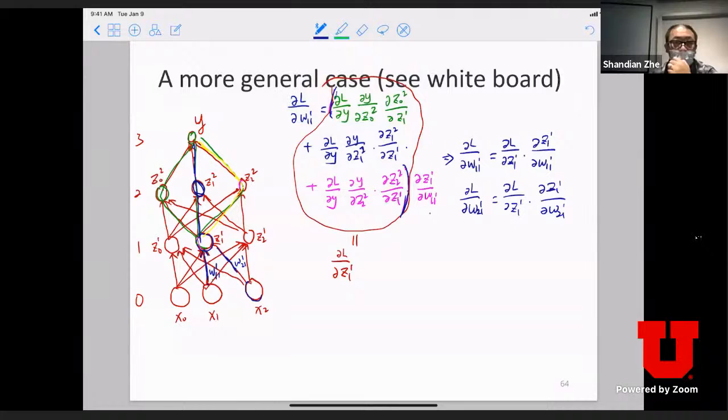What can this insight bring to us? Remember, if we just follow the previous rule, if we want to compute partial W111, partial W211, you have to repeat this bunch of things inside this red block. It's really tedious and expensive.